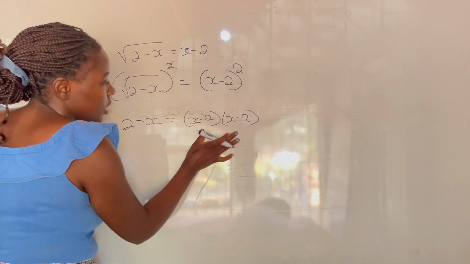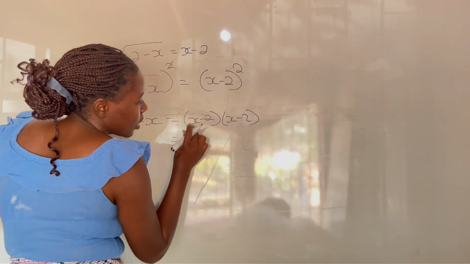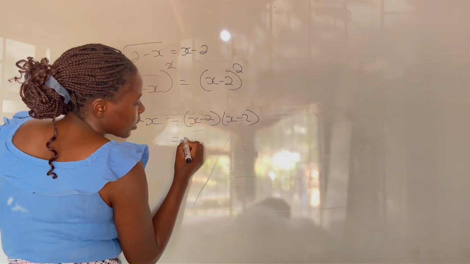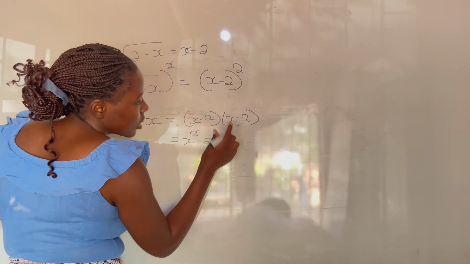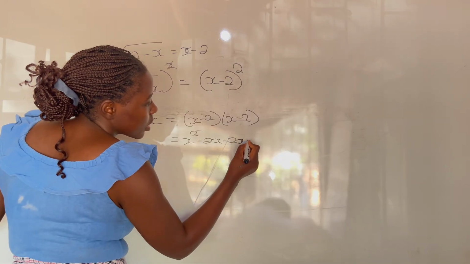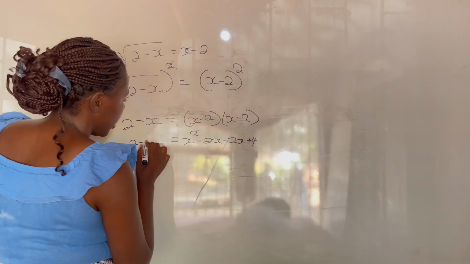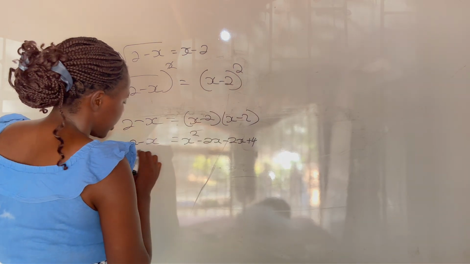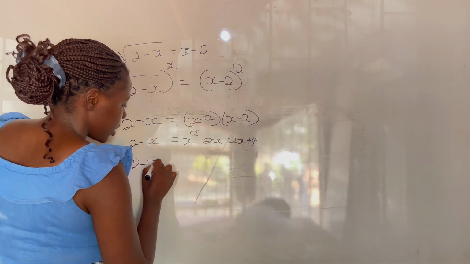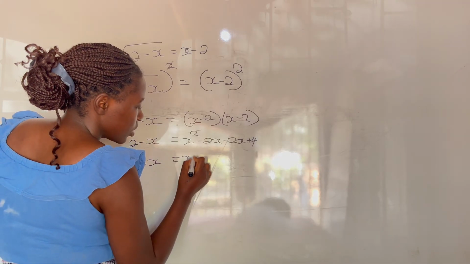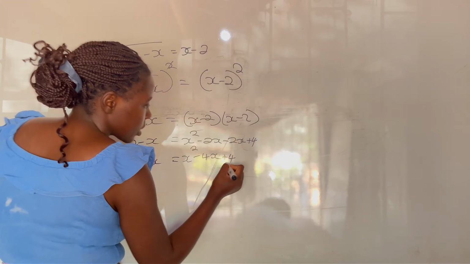So let's simplify this first. x multiplied by x will be x squared, minus 2x, minus 2x, plus 4. Then 2 minus x is equal to x squared minus 4x plus 4.